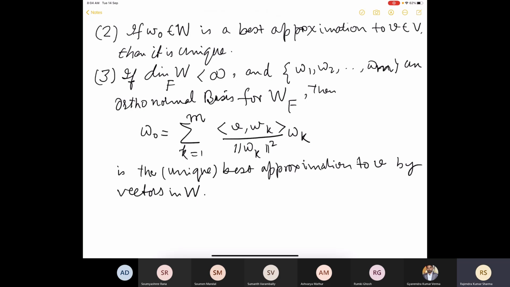If V over F, where F is R or C, is an inner product space, and W is a subspace of V, and v is a vector in V, then w naught is said to be the best approximation by vectors in W of v if the norm of v minus w naught is always less than or equal to the norm of v minus w for every w in W.